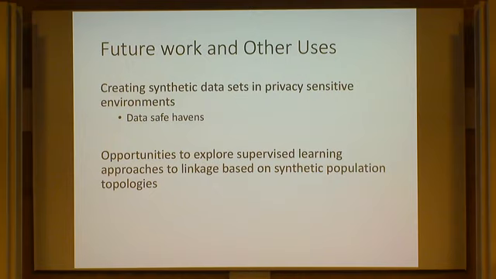We're then able to run our linkage, to set up our linkage methods to perform well on that synthetic data, which we trust, or can say is similar to the real world data. Once we've set our linkage model up to best perform on the synthetic version of that real world data, we can then apply that linkage model to the real world data, and the question there would be, do we actually get better results?